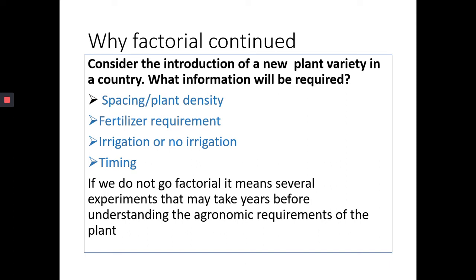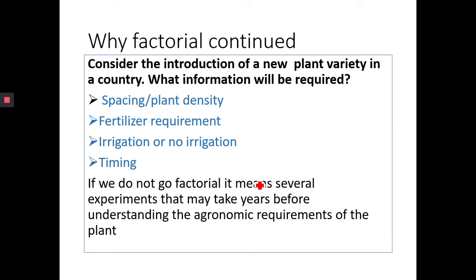So if we are to develop any new variety, it's not only maize, any plant, before it is released, a number of information is needed, because when you release a variety, the farmers would want to know what is the spacing for this variety, what is the fertilizer requirement, how tolerant is it to drought, do we need to irrigate or not, what is the timing.